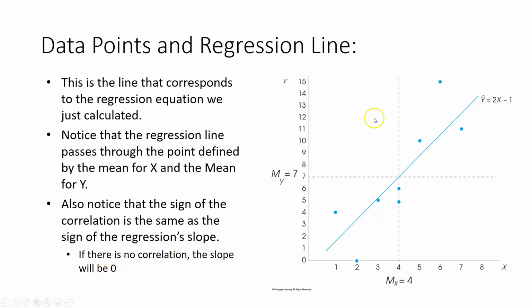So if you have scattered dots that are all over and the best fitting line is flat, then that would mean there's no slope. It's 0. And if you had a negative slope, if this were negative 2, then the line would be going down. For every increase in x, you would find that y decreases by 2 units.